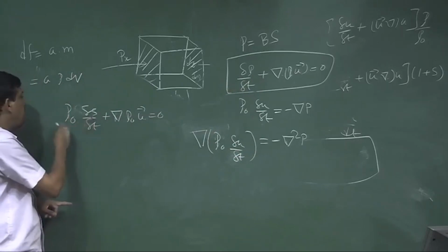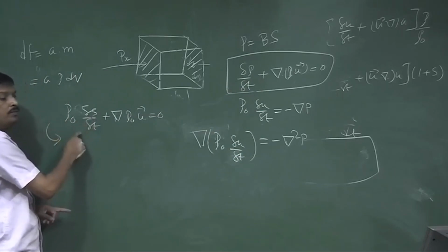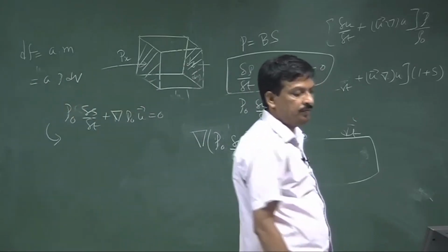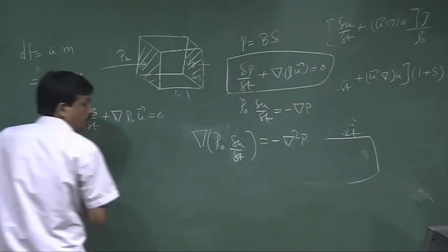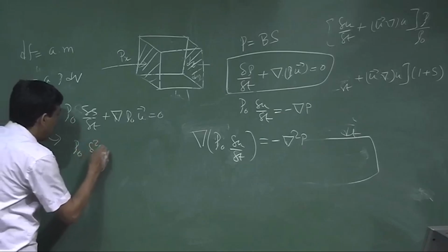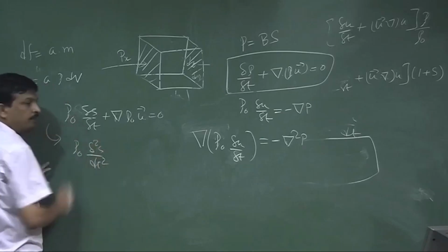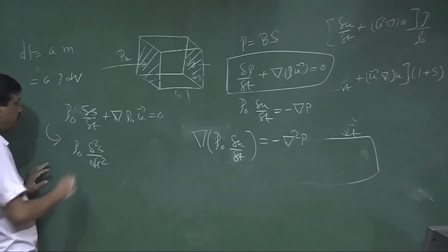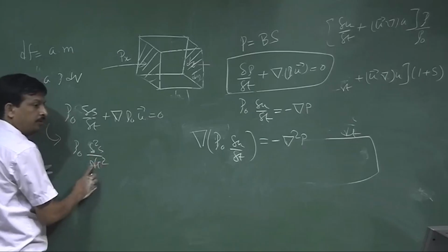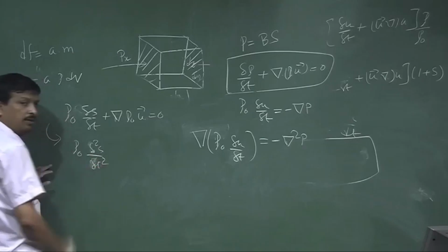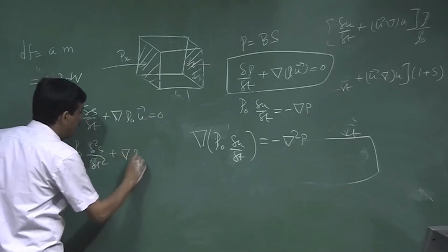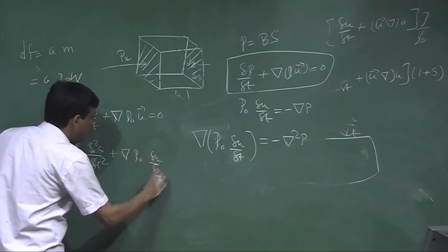Okay. Now, if I take the time derivative of this equation, what will I get? I just take the time derivative of this equation, both sides. So, I get rho 0 del square s by del t square plus rho 0 divergent of del u by del t is equal to 0.